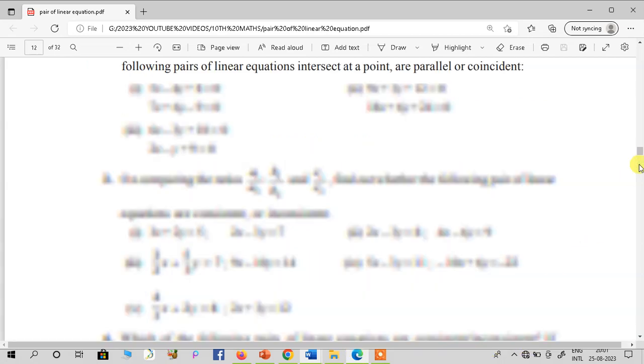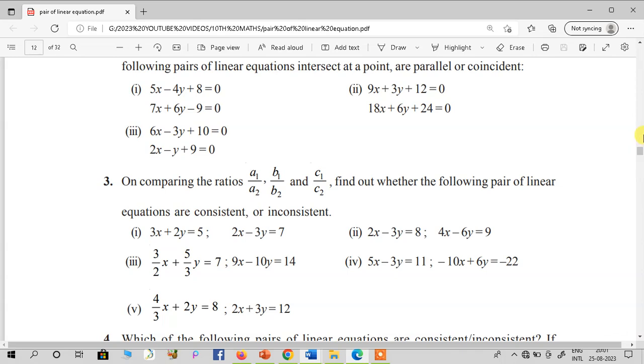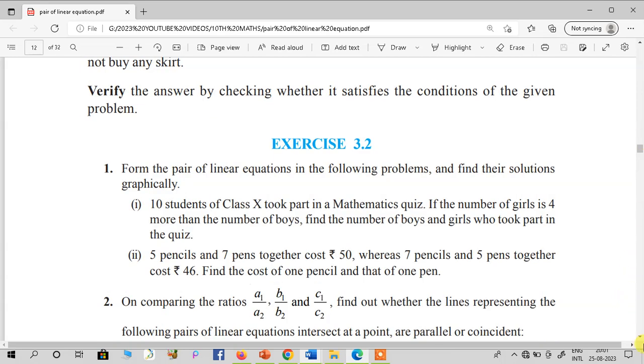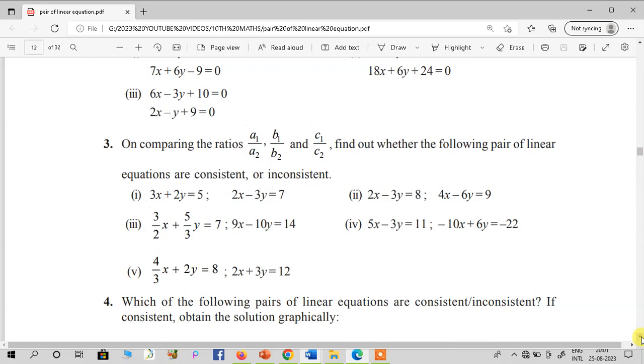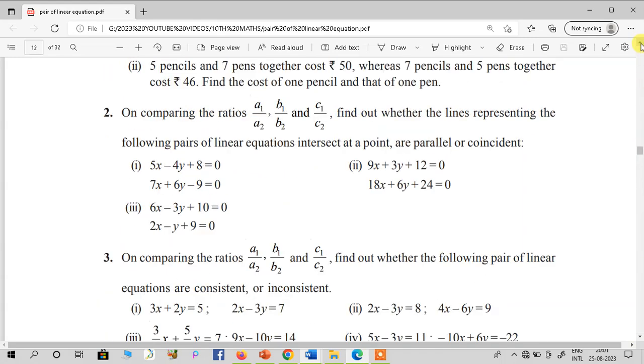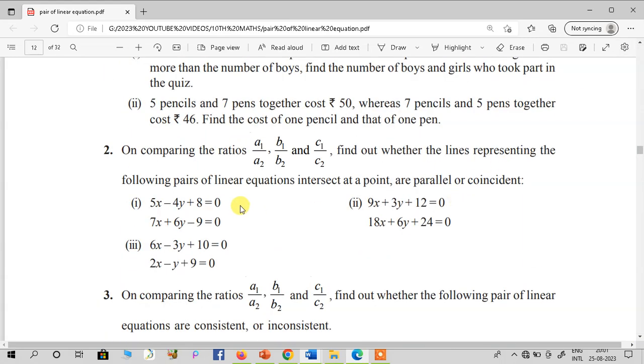See here the second question: find which type of lines are there, representing the following pair of linear equations as intersecting, parallel or coincident. This type of questions we can solve in the next video.